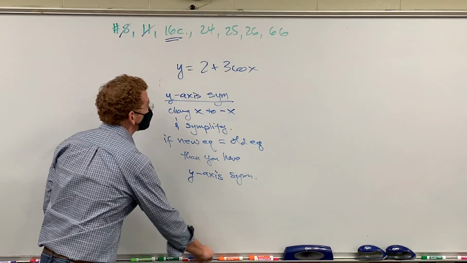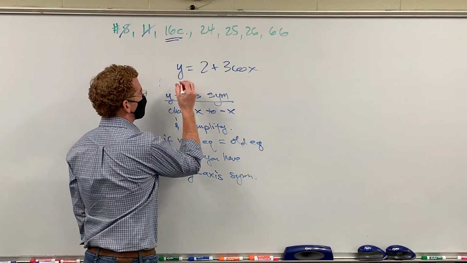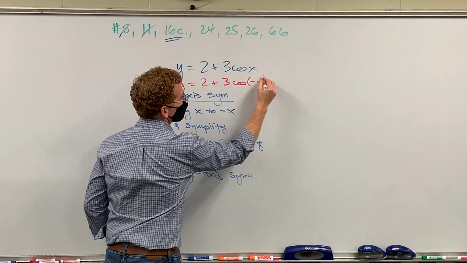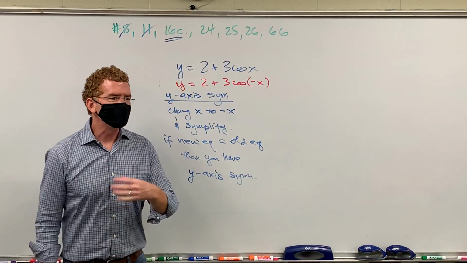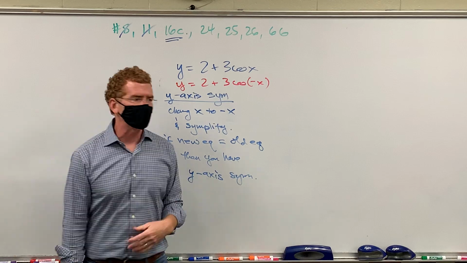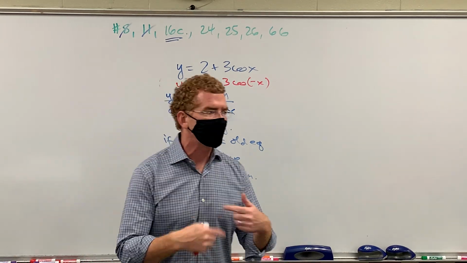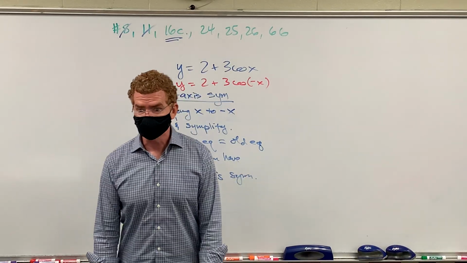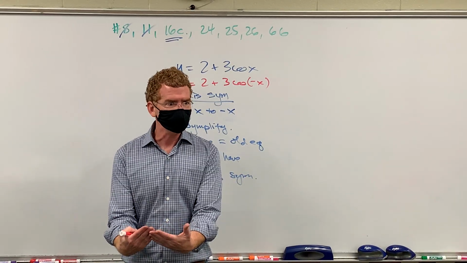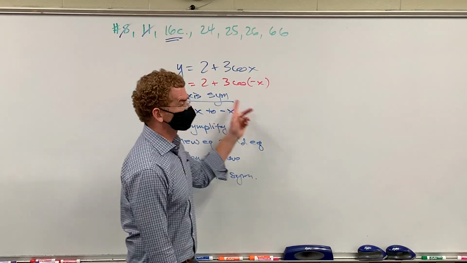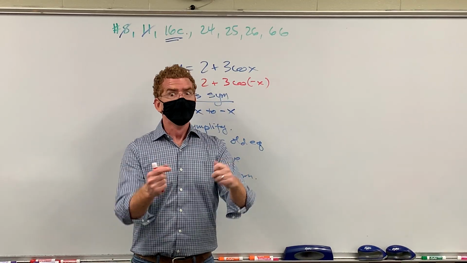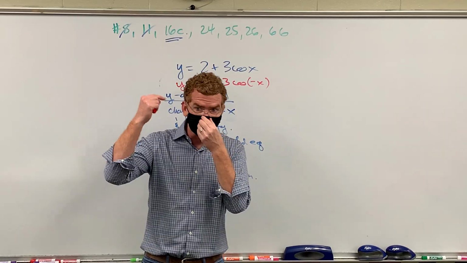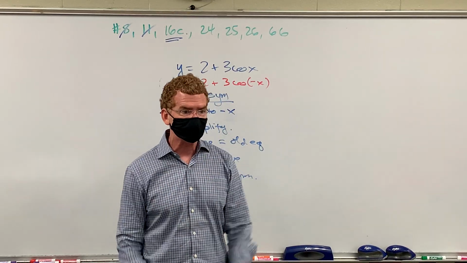So let's try that. Change the x to a -x. Now, didn't you learn last year, and the sad thing is I didn't give you quizzes on all your identities, because it's really hard to do that when you have an open notes test and you're staring at the identities. Trick question, what's cosine of -x? Cosine of x. So you didn't have to memorize them, so they're probably not burned into your brain like they are with previous classes.